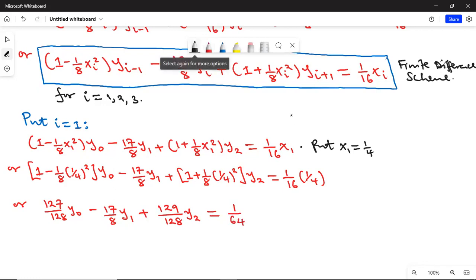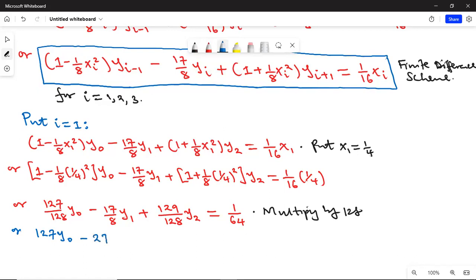If I multiply through by 128, we are going to get 127 y naught, minus, the other one will give us negative 272 y1 plus 129 y2 equals 2.